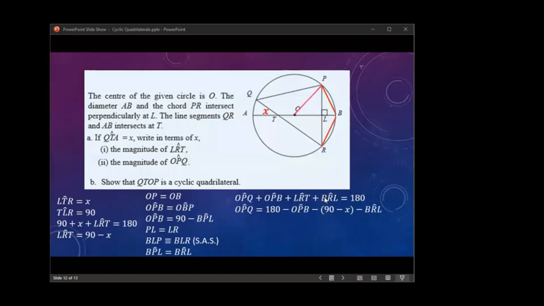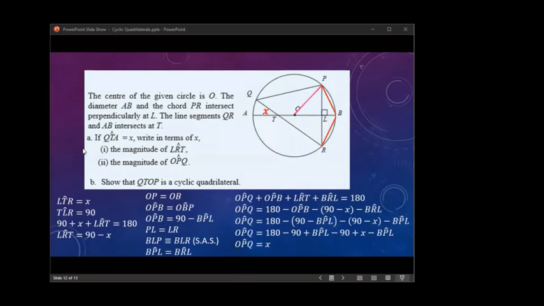And instead of LRT, we can put 90 minus X. And instead of OPB, we can write 90 minus BPL. Then we have substituted and simplified. If you simplify this equation, BPL and BPL is gone. Minus 90 minus 90 is minus 180, plus 180, it makes 0. So OPQ is equal to X.